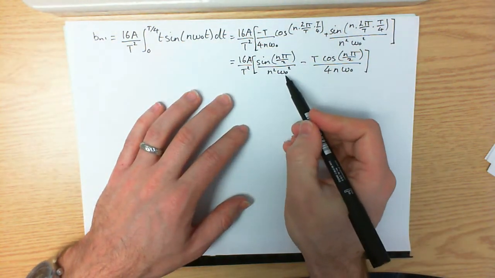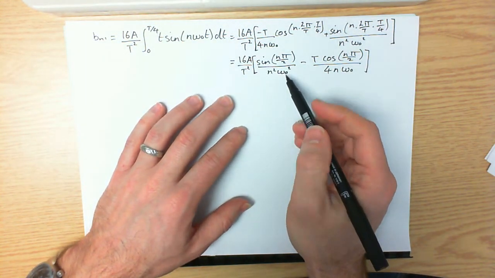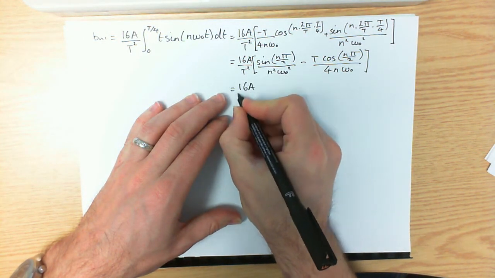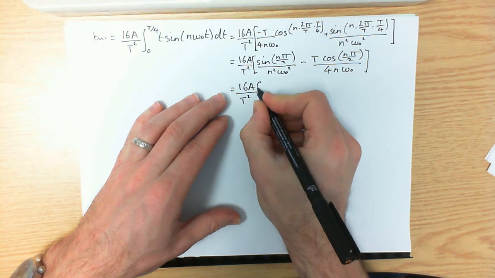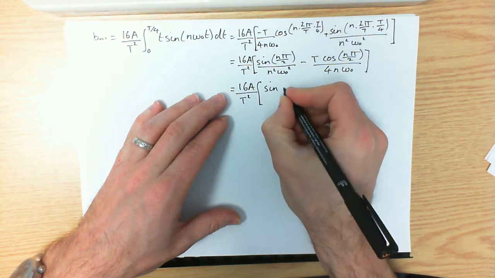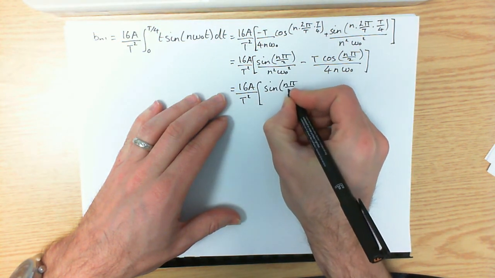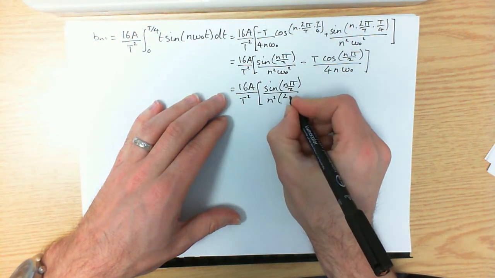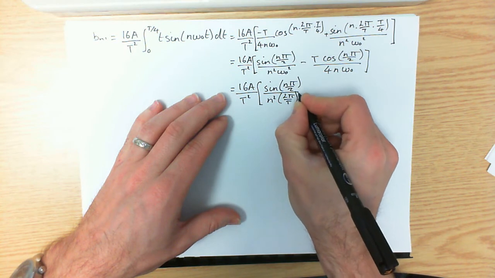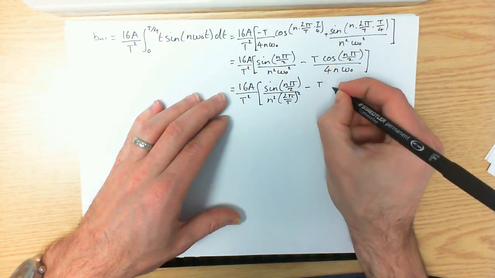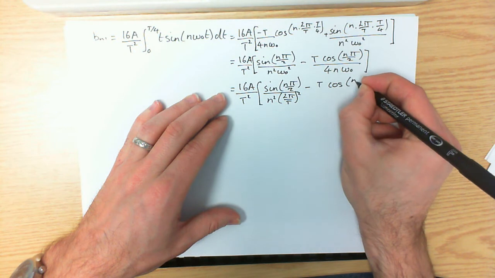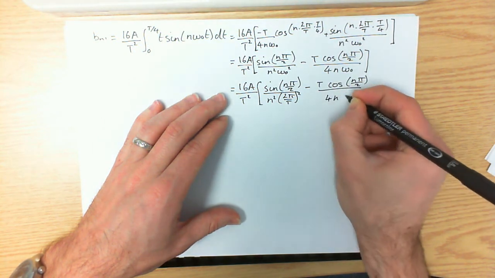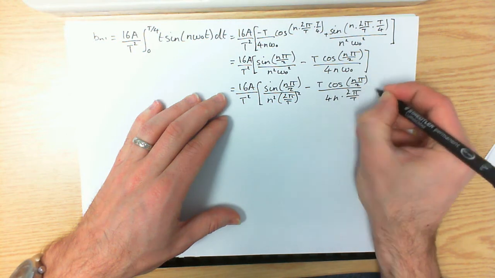But we can simplify this a bit more, because we know what omega naught is, so we can put this in. So we've got 16a over T squared times sine n pi over 2 over n squared times 2 pi over T squared, minus T cos n pi over 2 over 4 n times 2 pi over T.